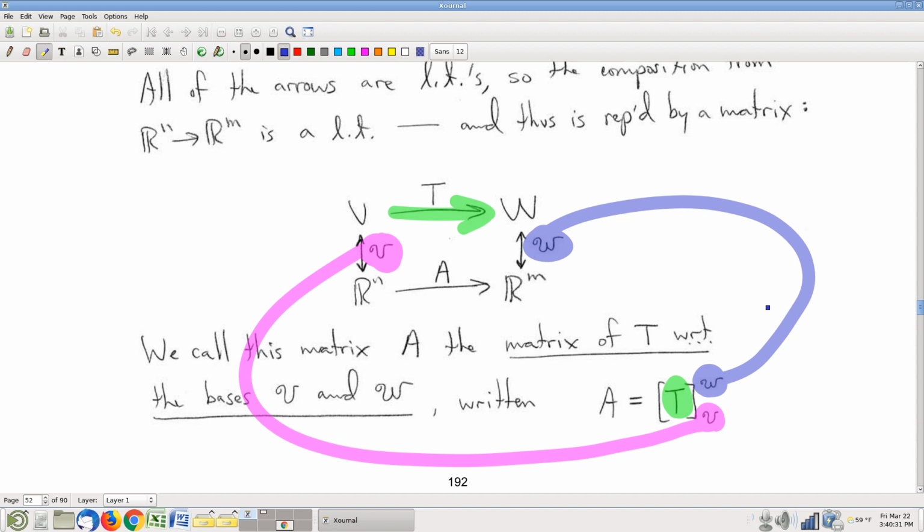I've seen books where the input basis is a subscript on the left and the output basis is a subscript on the right. I've seen it the other way. There's lots of different ways to do this. We're going to stick with the book's notation, just for consistency and compatibility. Input basis, domain basis as a subscript on the right. Output target basis as a superscript on the right. Okay, so those are the objects that we need in order to write the corresponding matrix. So that's the notation that we'll use to represent that matrix. How are we doing? Is everybody on board?